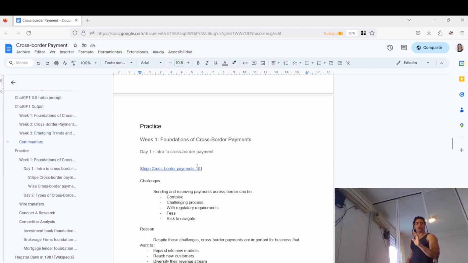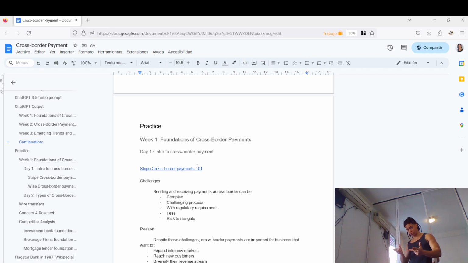All right. So for week one, the fundamentals of cross-border payment. First, I look at, according to Wise and Stripe, that cross-border payments involve receiving or sending payments across borders. The challenge is that sending or receiving payments across borders can be risky and challenging.